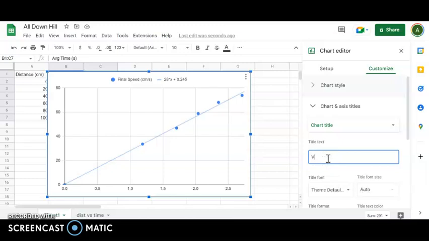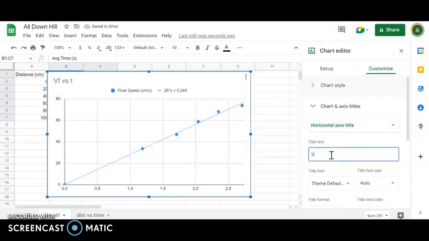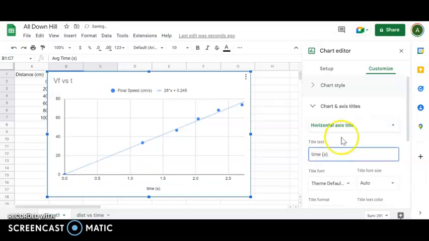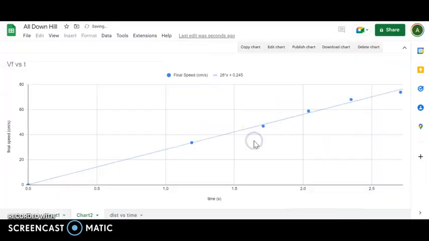So this is final speed versus time. Time, that's in seconds. And then I should probably remind myself that we actually measured this in centimeters, not in meters. And we'll move that to its own sheet as well. We'll call this VF versus time.